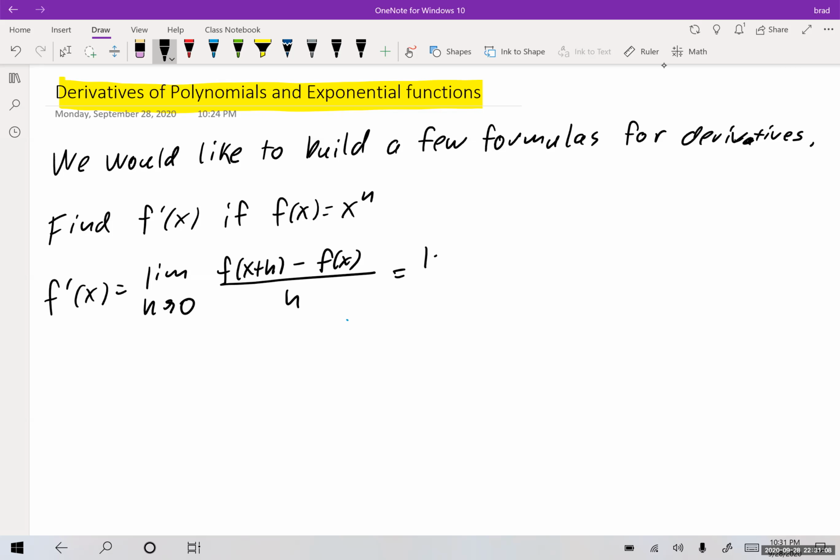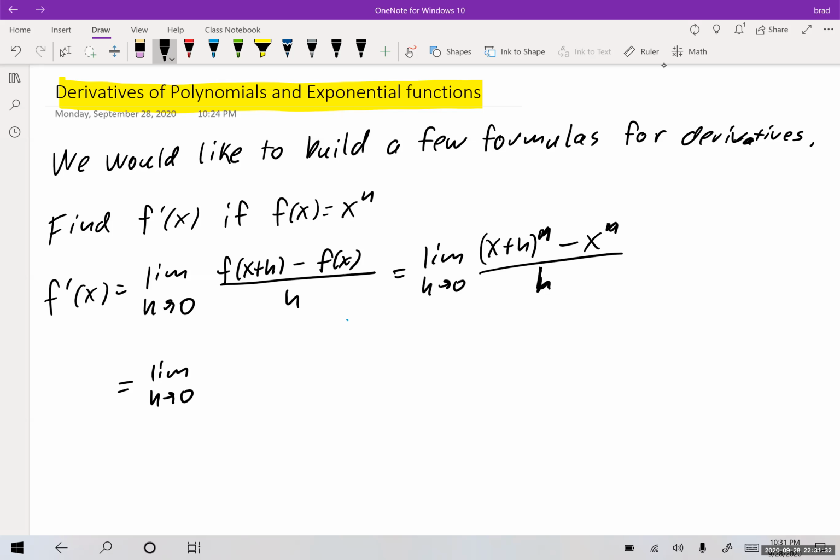So this would be the limit as h approaches 0 of x plus h to the n minus x to the n all over h. So this is n, and this is h, okay? Now we're going to use the binomial expansion theorem.